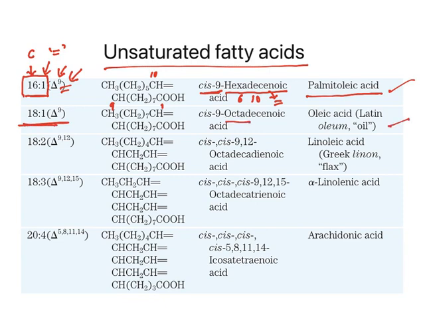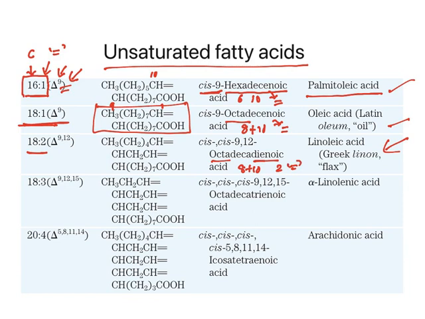Similarly, 18 carbon with one double bond is oleic acid. Cis 9, octa 8, deca plus 10, enoic, a double bond. Similarly, the structure is written like this. Now after that, 18 carbon with 2 double bonds is known as linoleic acid. Octa means 8, deca means 10, dienoic acid, that means 2 double bonds are there.